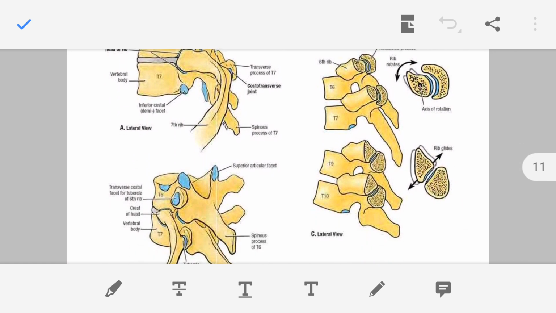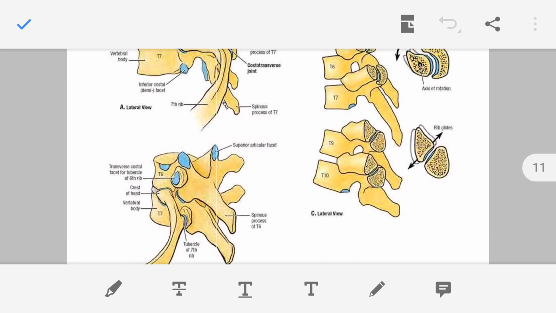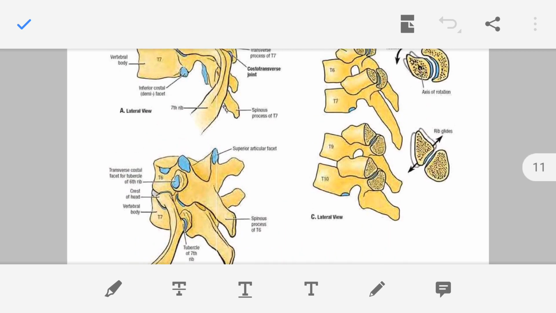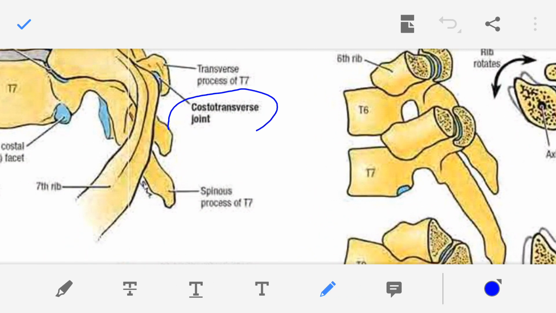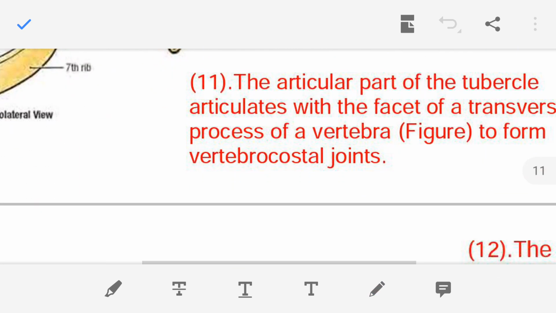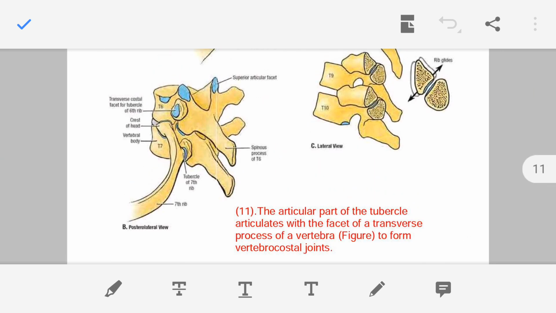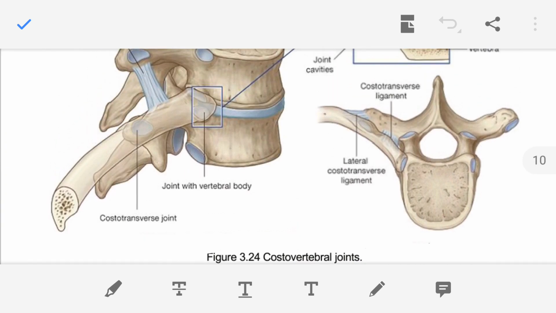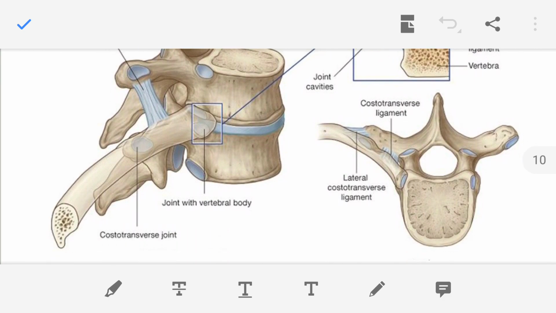Now I will show you one more figure for this, and in some books this joint, the costo-transverse joint, has another name, the vertebro-costal joint. So here you will get a better idea.